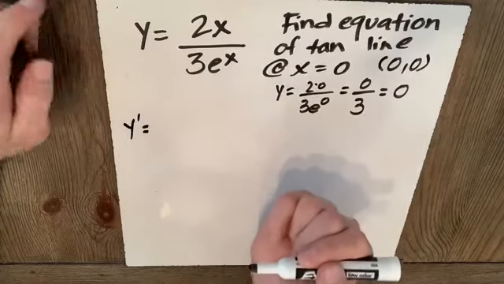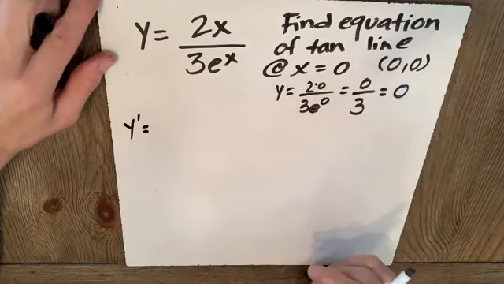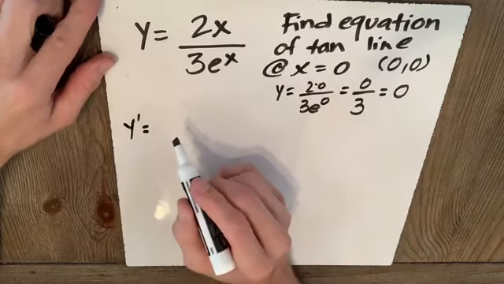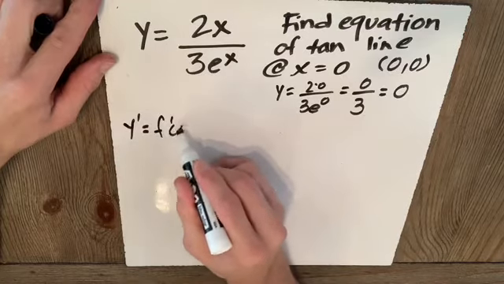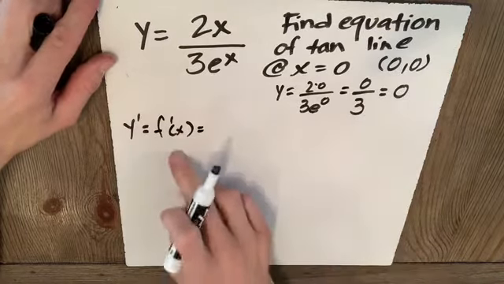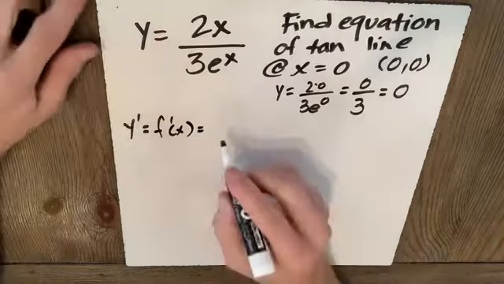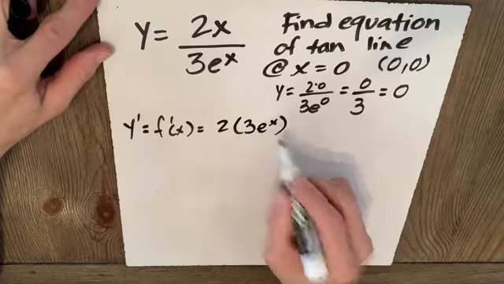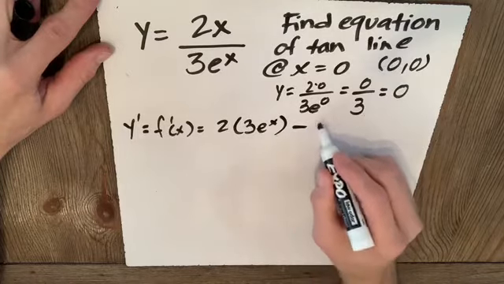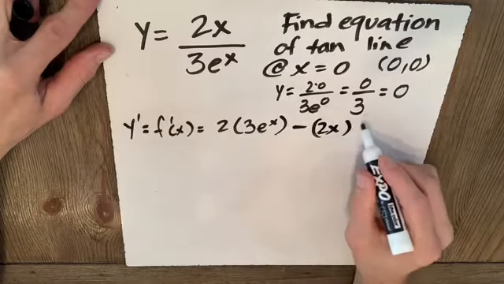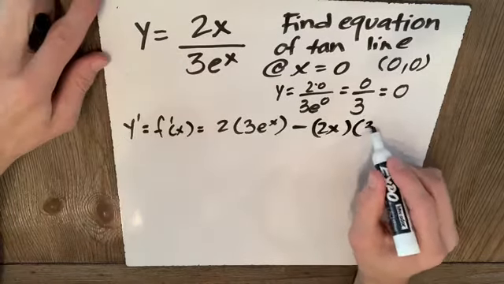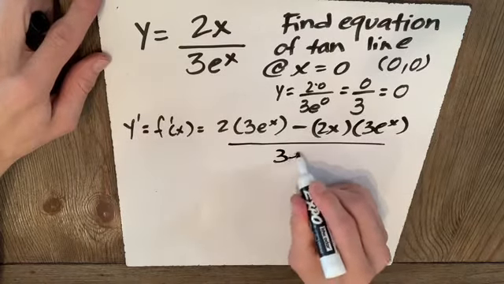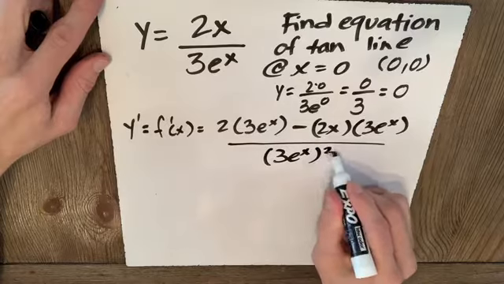Let's find our slope. First, we have to find the derivative, and then the derivative when x equals 0. So y prime, or I'll call this f dash of x because we're going to find f dash of 0. The derivative of the top is 2 times 3e to the x, that's the bottom, minus 2x, that's the top, times the derivative of the bottom, everyone's favorite function, 3e to the x, over 3e to the x, the whole thing squared.